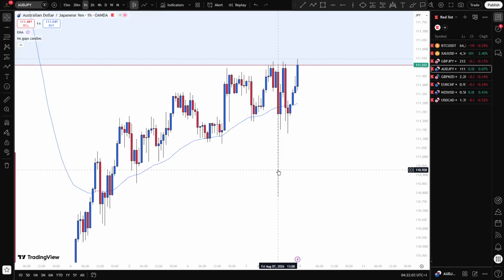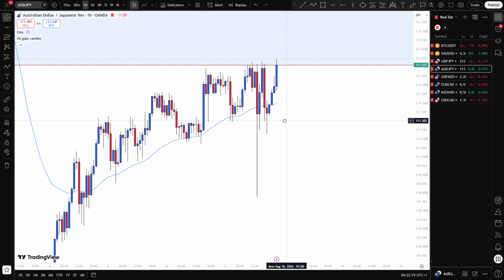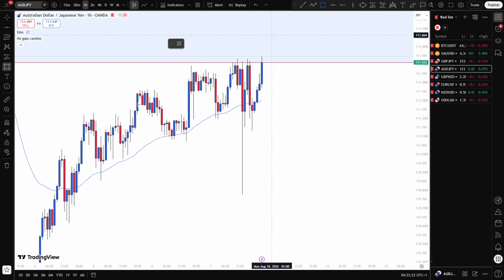So if I want to be interested in this trade, this is the zone, and this is where it shifts structure. If I want to be interested in this zone, I'll wait for it here.